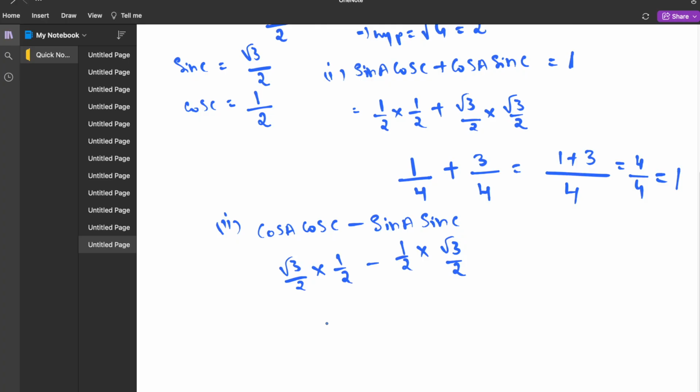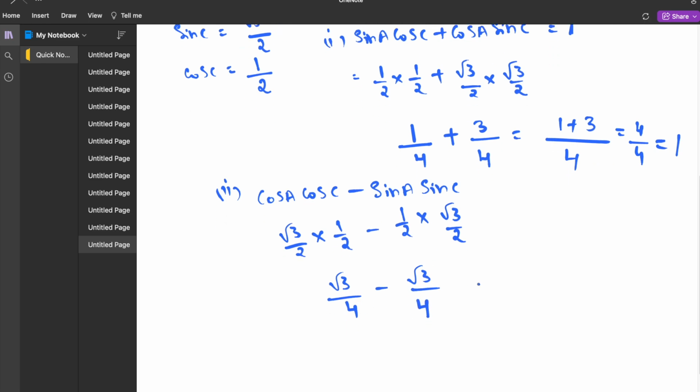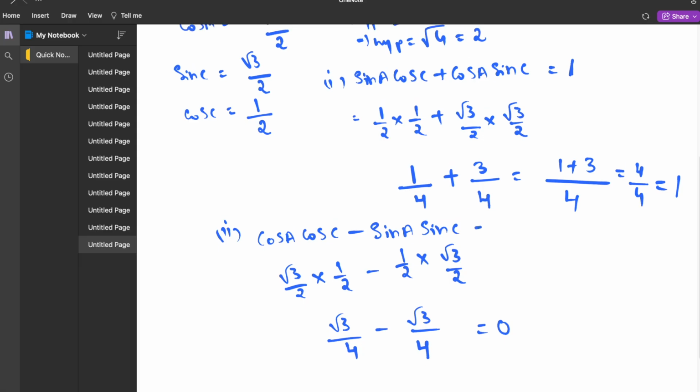So root 3 into 1 is root 3, 2 into 2 is 4, minus 1 into root 3 is root 3, 2 into 2 is 4. So root 3 by 4 minus root 3 by 4 is 0. So for this we got 0.